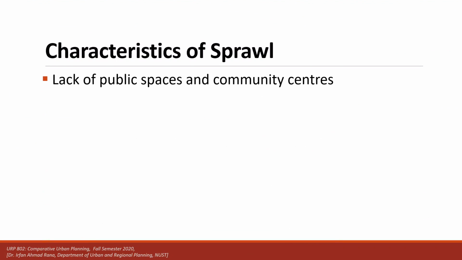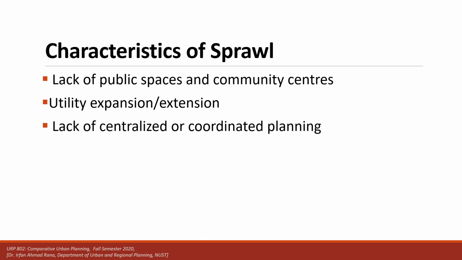So some other characteristics are the lack of public spaces and community centers, very common in developing countries. Then a lot of utility expansion or extensions are regularly needed, which can indicate that sprawl is happening in a city.